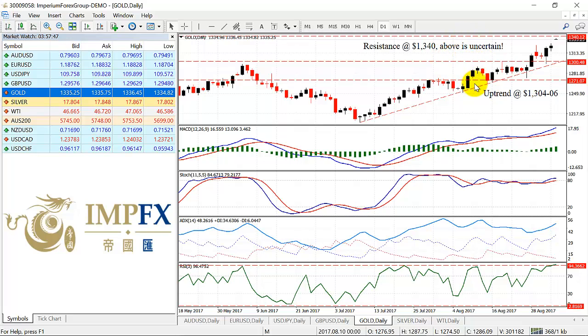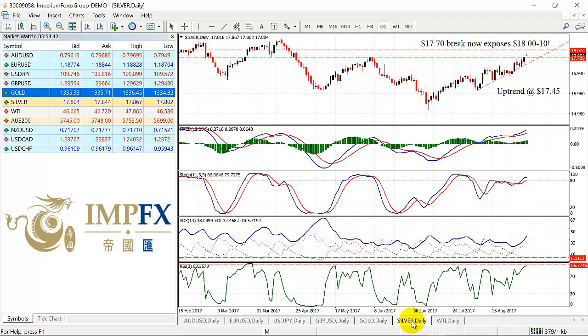The reality is that with the tension increasing between the US and North Korea, it could actually drive gold through 40 and up towards 60. Technically though, we are overbought, as you can see here from the RSI, so we could see a pullback which can be as deep as 1,326, with the uptrend holding at 1,304.26 now.